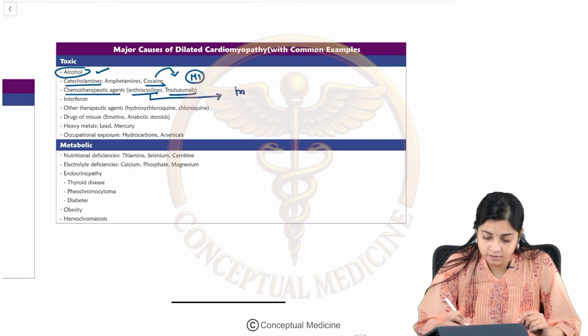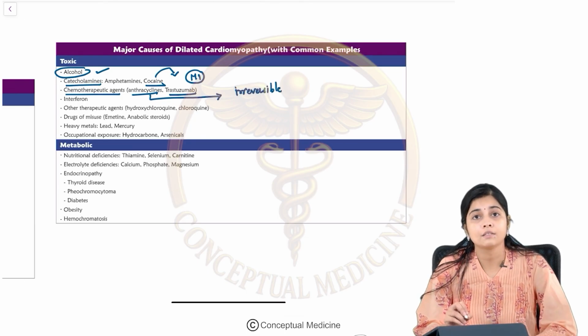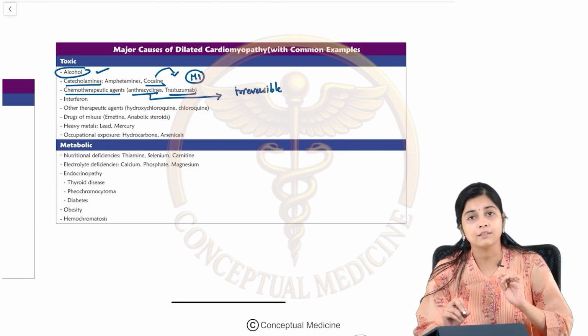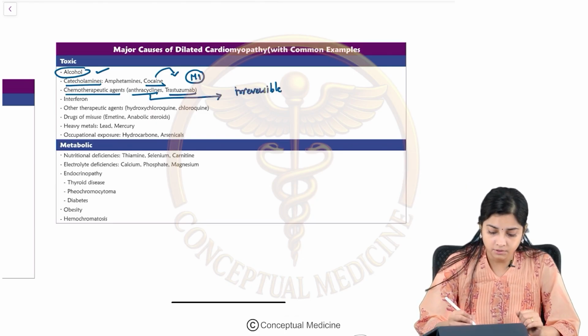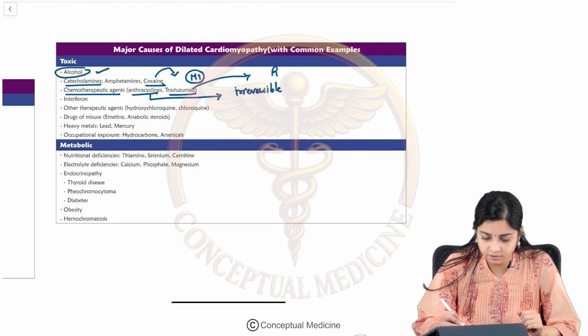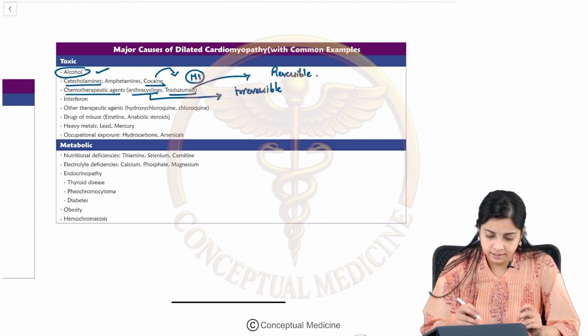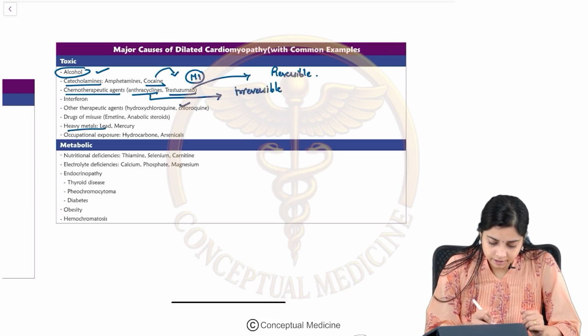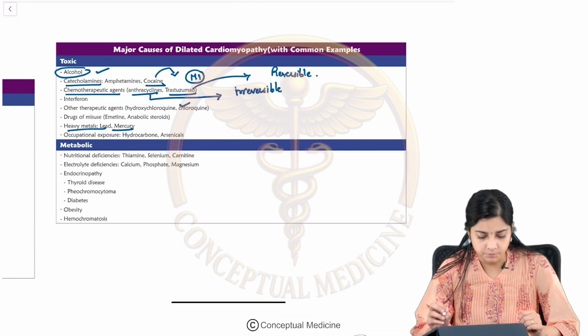Many of the cancer chemotherapeutic agents, especially anthracyclines, cause irreversible toxicity, whereas trastuzumab can cause reversible toxicity. Okay. The other drugs which are associated include chloroquine, heavy metals like lead and mercury, and sometimes even occupational exposure.